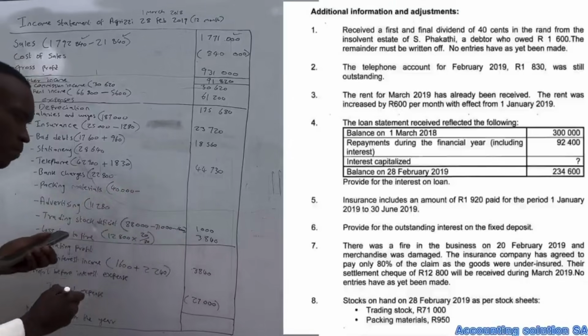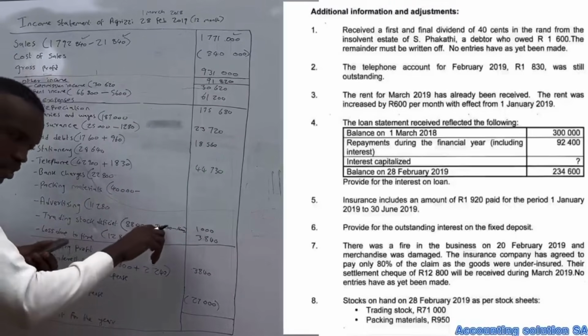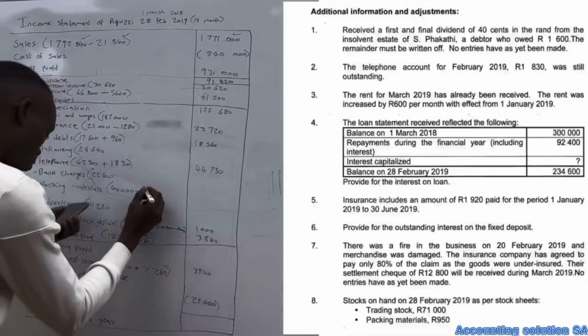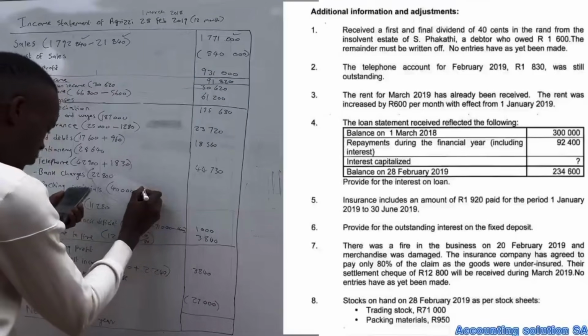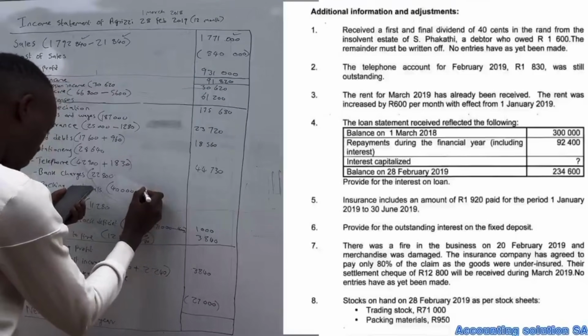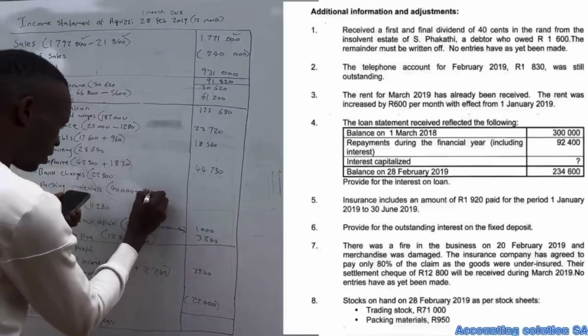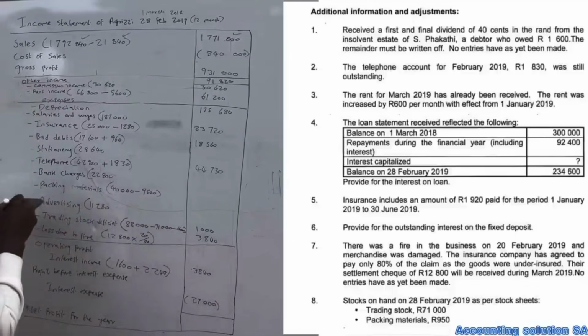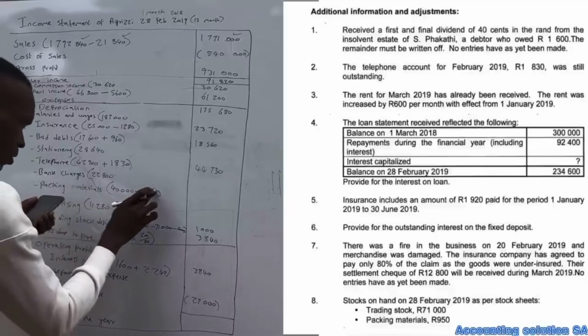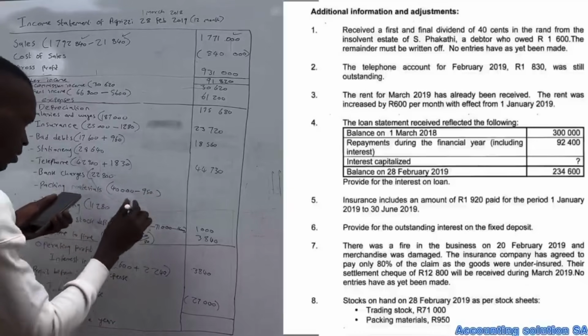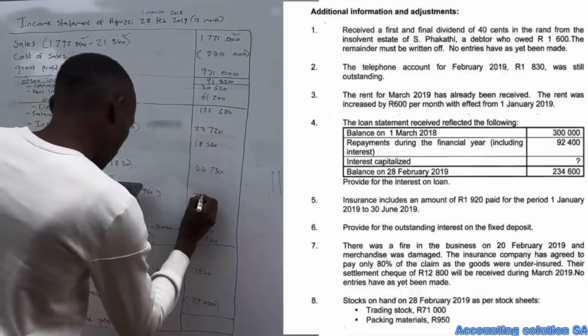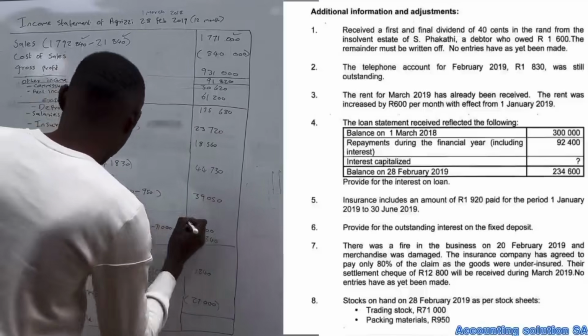On hand is always subtracted like this: 71,000. So we subtract the amount of 950, and it's going to give us 39 and 50.